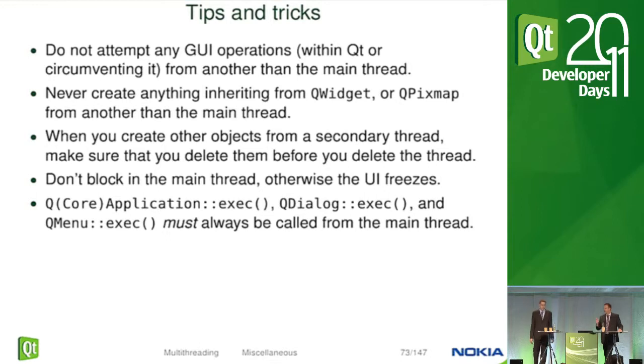Remember mutex tryLock. Instead of just saying mutex lock on your GUI thread and waiting until it's locked and then reading some shared resources, do the tryLock. If you didn't get the lock, go back to the event loop so the user interface can update and try the tryLock a bit later down the road. That's a very good example of how to use that.